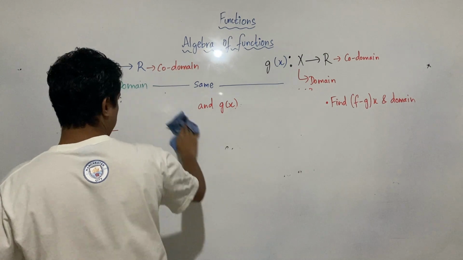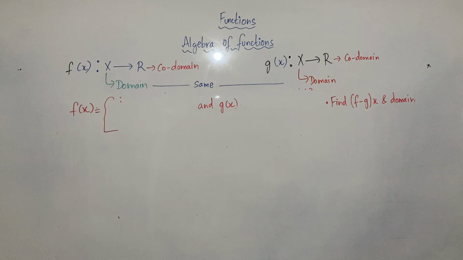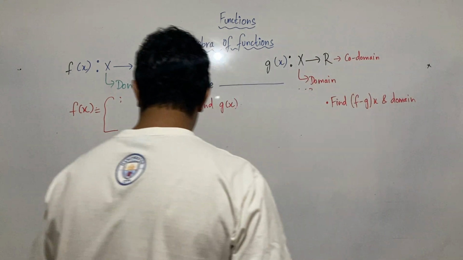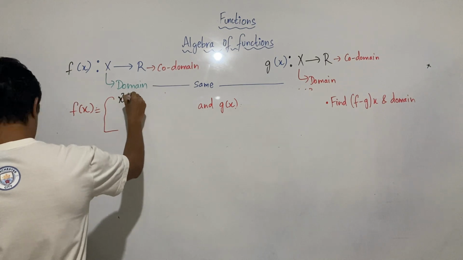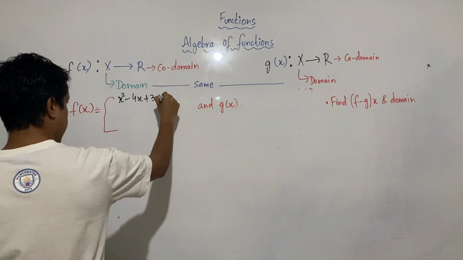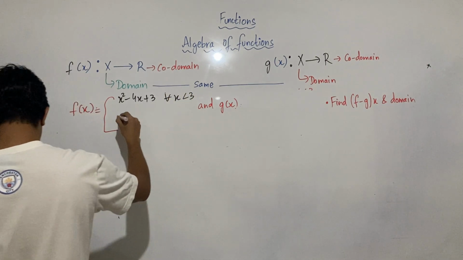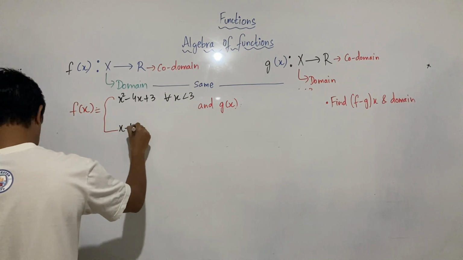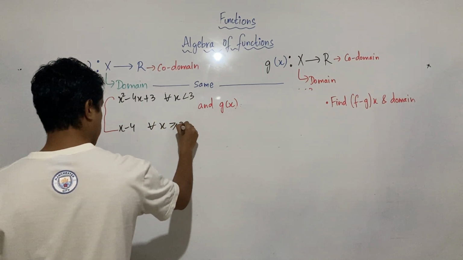okay, see here, the next question is, this is my f(x): x square minus 4x plus 3 for all x less than 3, and x minus 4 for all x greater than or equal to 3.